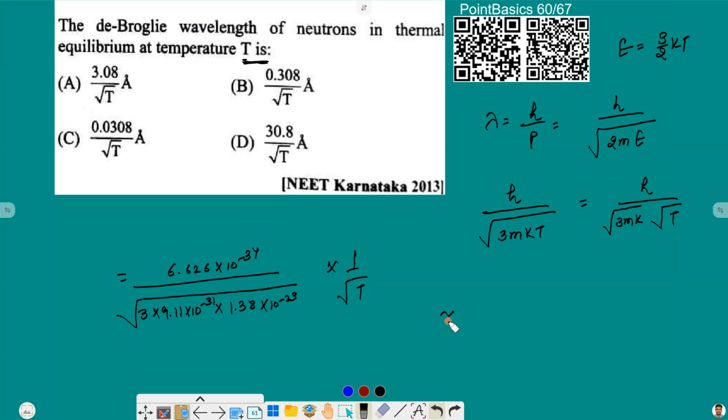We will get approximately 30.8 by root 2 into 10 raised to the power minus 10. Now keep in mind, I have already solved this, that's why I am writing it, because this is a time consuming calculation and I have given the expression, you can calculate yourself. So 30.8 under root divided by under root 2 angstrom, that is option D.